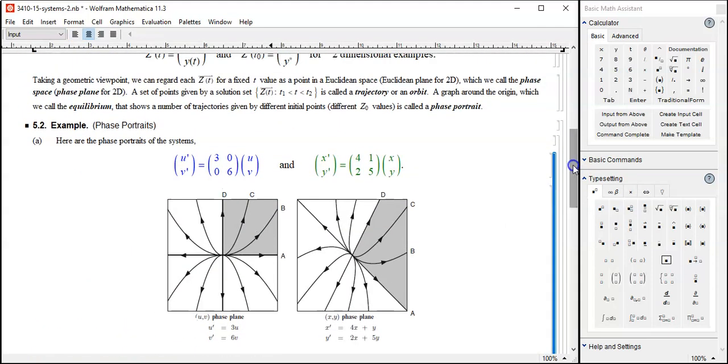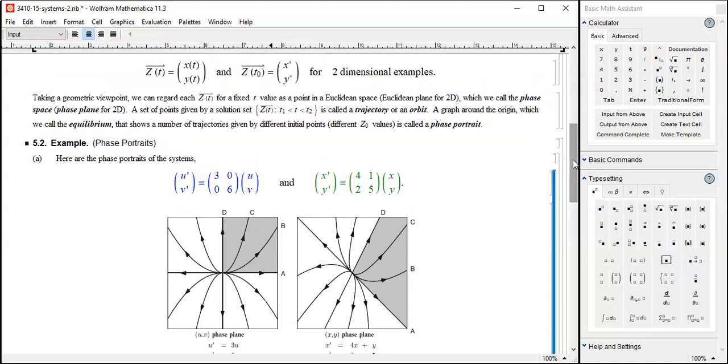We select some initial points around the origin. If I select this initial point around here, then from here we'll follow this trajectory B, and then the point will move out, and so on. Repeat that several times around the origin, and you're going to get this phase portrait.